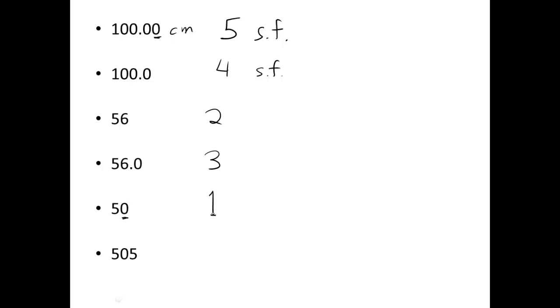Trailing zeros like this, if there's no decimal place, they are not significant. Here we have another 0, but it's between 2 non-zeros. It counts. So this would be 3 sig figs.